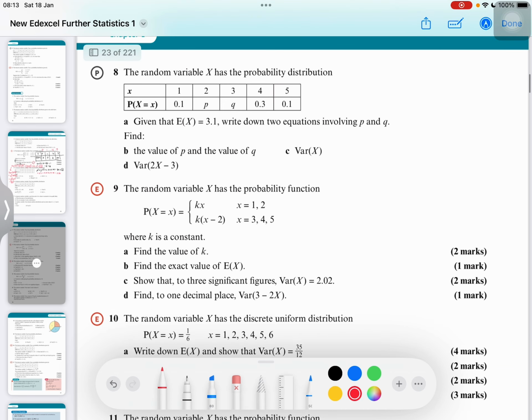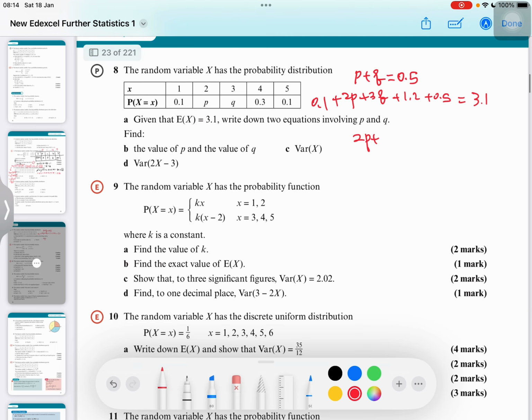Number 8. Now given P and Q, when we add them together, P plus Q plus 0.3 plus 0.1 plus 0.1 should be 1. So P plus Q is 0.5. And for the expectation, 2P plus 3Q plus 0.1 plus 1.2 plus 0.5 should be 3.1.